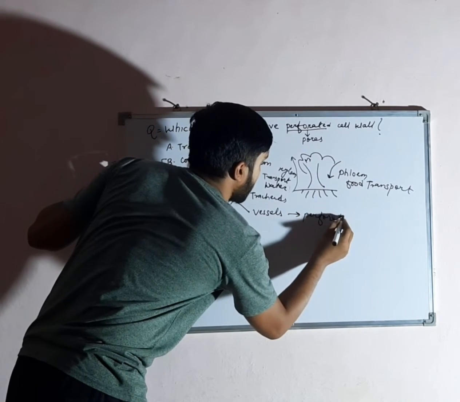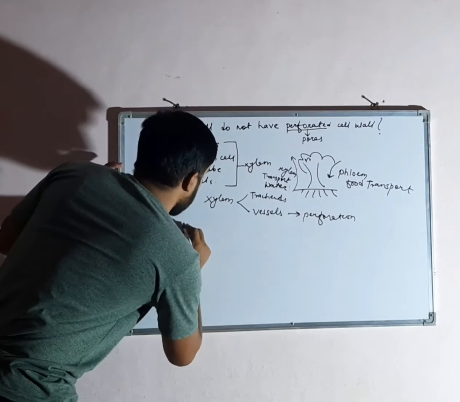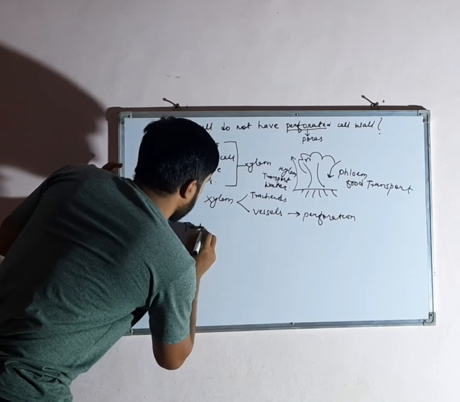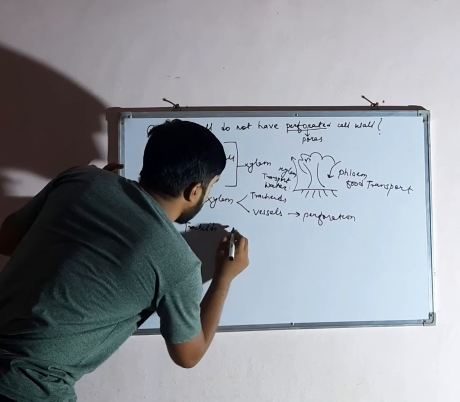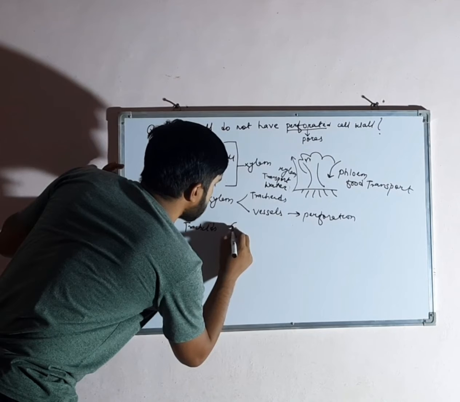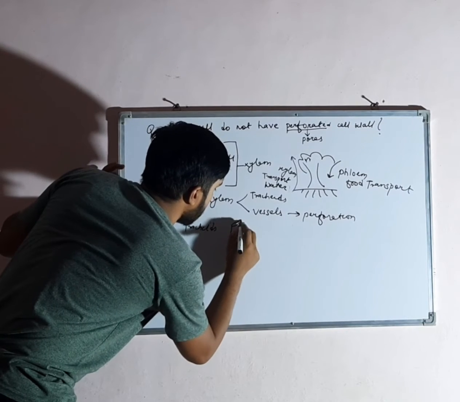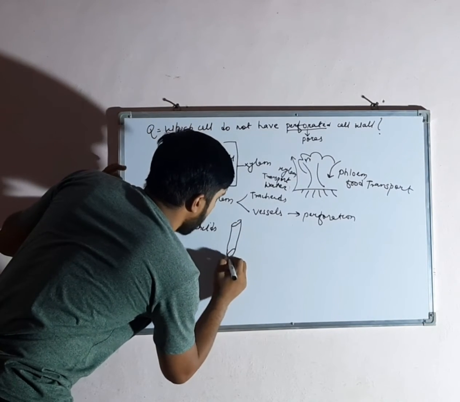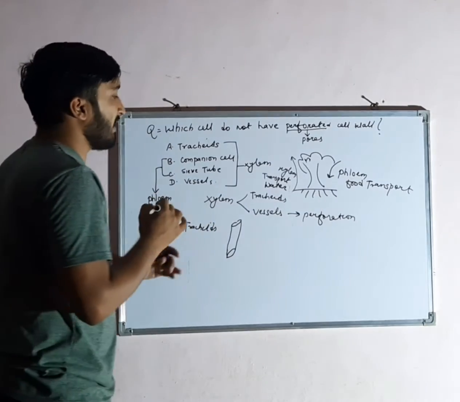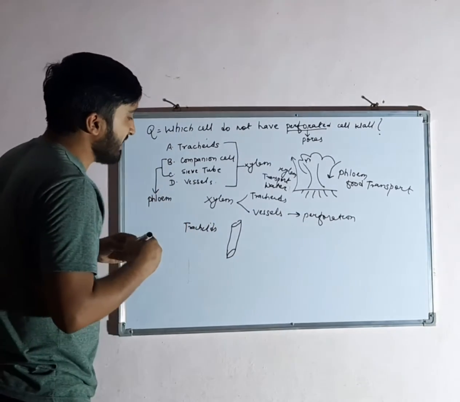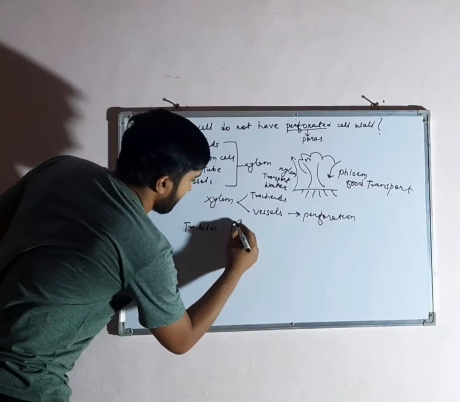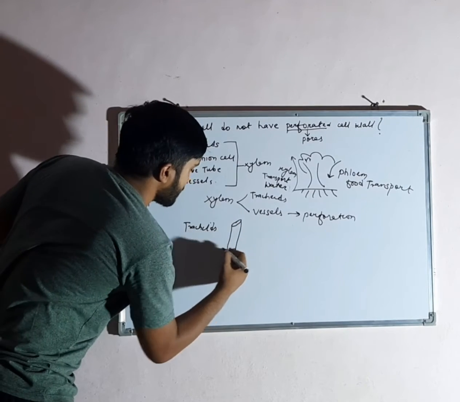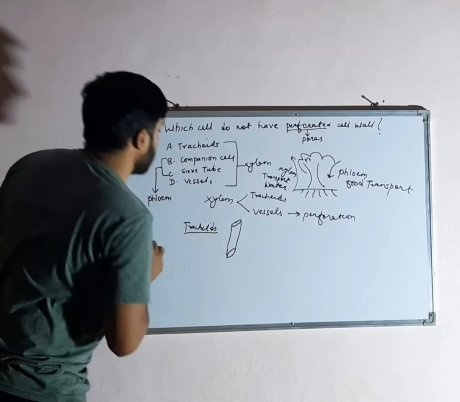Perforation is present, while the tracheids are cylindrical cells with tapering ends, and these do not contain any perforation. They have a rigid cell wall, so they do not contain any perforation.